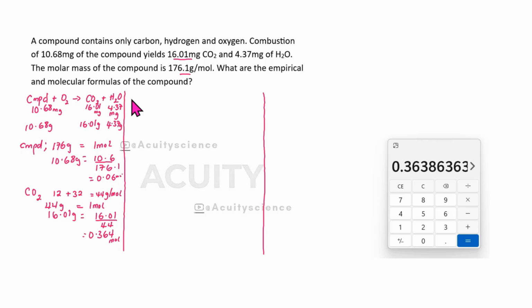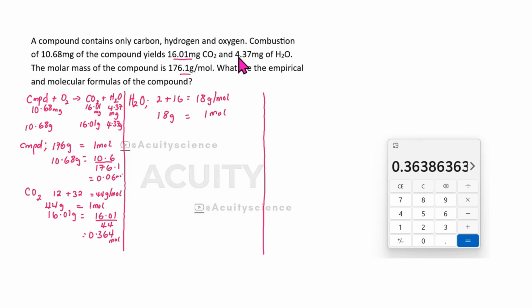Okay, let's investigate water as well. For water, hydrogen is 2 because its atomic mass is 1 times 2, plus oxygen is 16. So we have the molecular mass of water to be 18 grams per mole. Having known that, 18 grams is the mass of 1 mole.